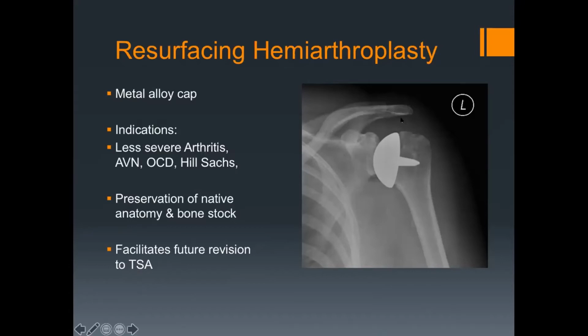You just ream the humerus and then resurface it with a metal alloy cap, as in this situation. By preserving the native anatomy, you preserve a lot of the function, and by preserving the bone stock, you facilitate future revision if required.